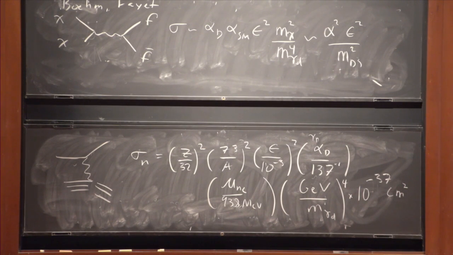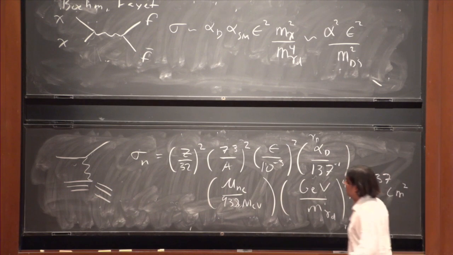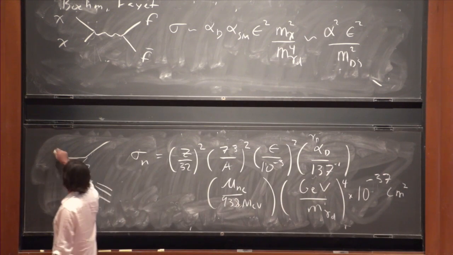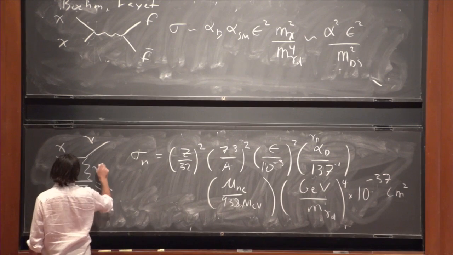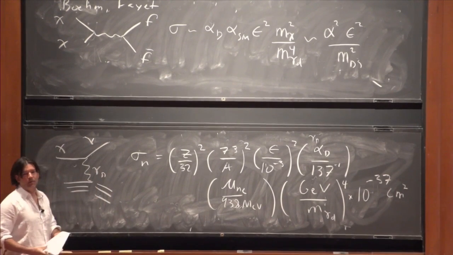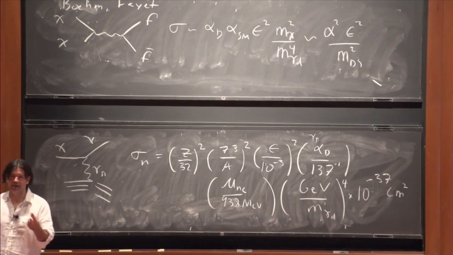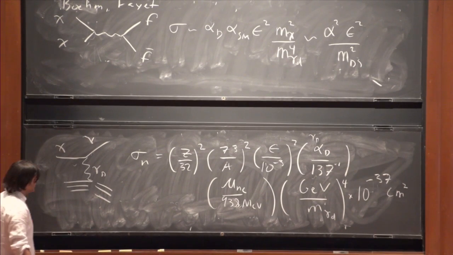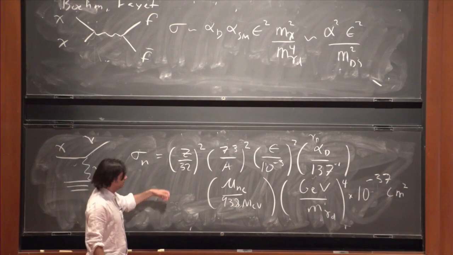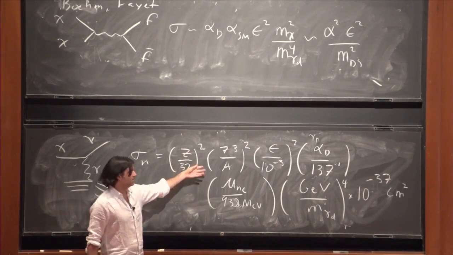If you have an interaction where dark matter scatters through this dark photon off of ordinary matter, remember that this couples to charge, so it will couple to a proton with coupling constant 1 times epsilon. So the cross-section per nucleon, you can plug in your favorite nucleon. This is set up for germanium.